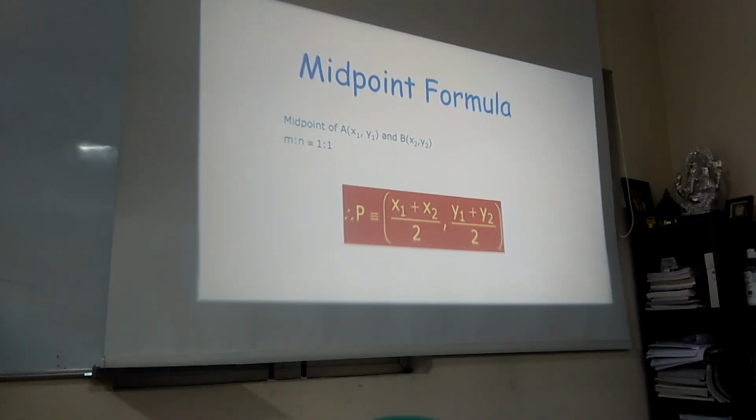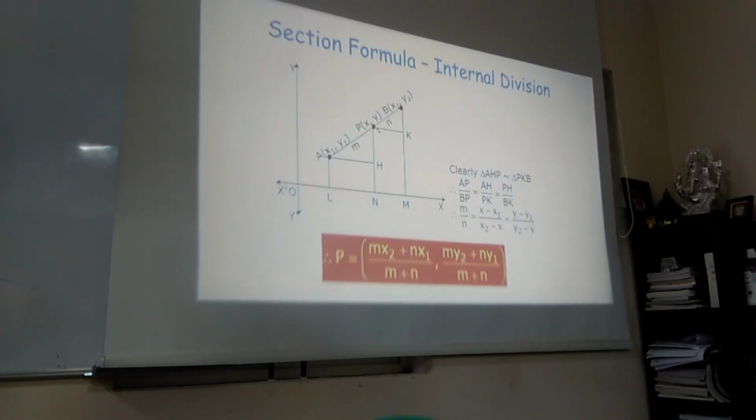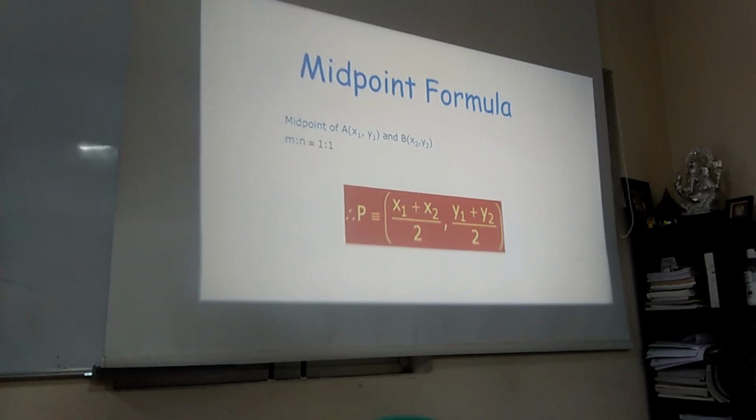Down in the midpoint. Sir, can we use the section formula? You can use the section formula. Why won't you know? What confusion is there? In place of m and n you are putting 1. Since it is the midpoint, it divides the line into half, so you are dividing by 2.